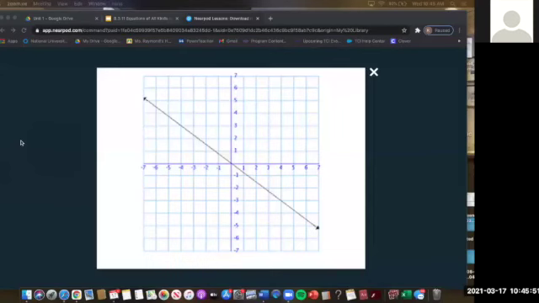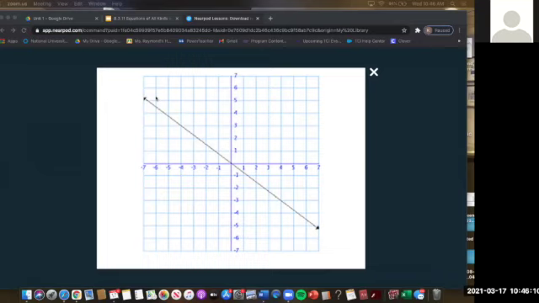Jose, you got this one right. Can you describe what kind of line this is and how you could tell? I just put negative because like you said, the way it's leaning, slanting to the other side.